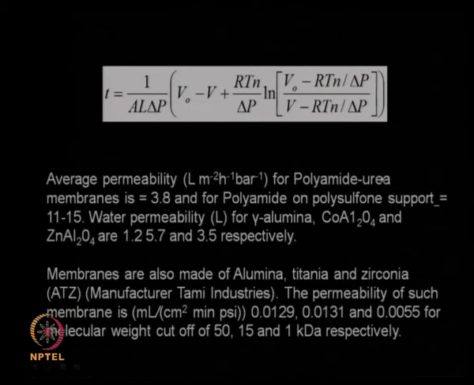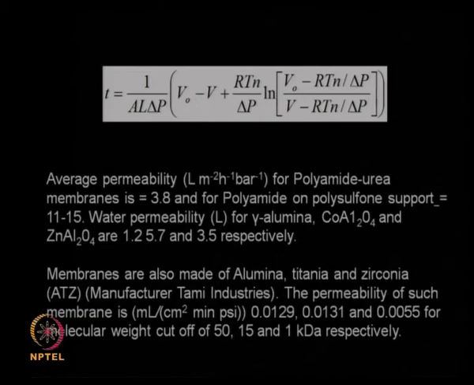For polyamide urea membrane it is 3.8, and for polyamide on polysulfone support, it is around 11 to 15. Water permeability for gamma alumina, cobalt alumina and zinc alumina are 1.2, 5.7, 3.5. So, these numbers vary depending upon the type of inorganic materials you use. You can also make membranes with alumina.